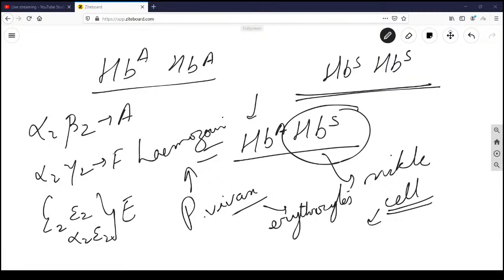So how many different kinds of gametes, coming to question number 70, will be produced by a plant having the phenotype? So this needs a little bit of trick. Very easy.